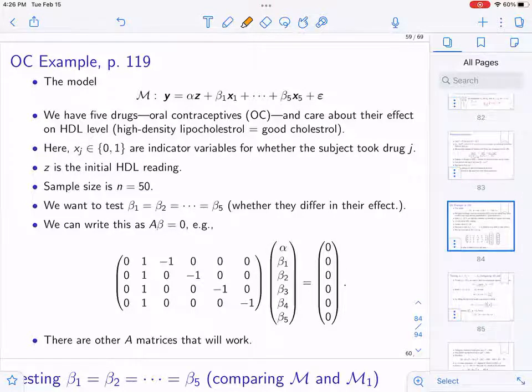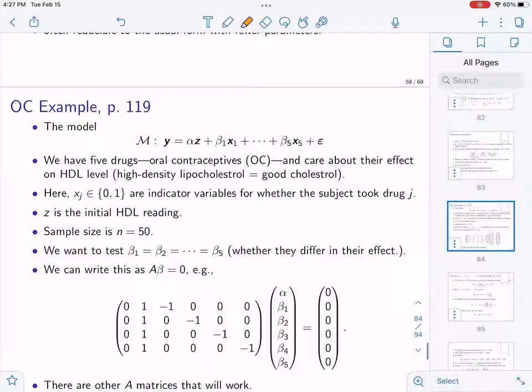If it's 0, it means that you didn't take that particular drug, the jth drug. If it's 1, you took the jth drug. So for every one, you have some yi, and you have some zi, some initial cholesterol level, plus one of these variables is active.